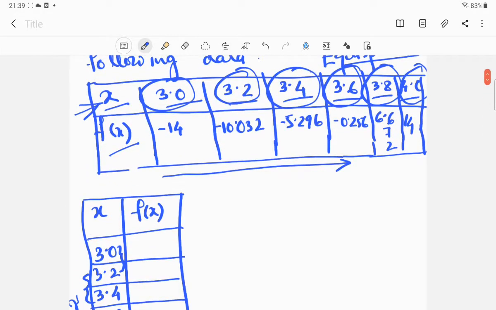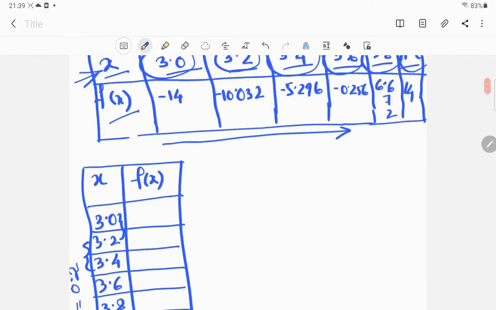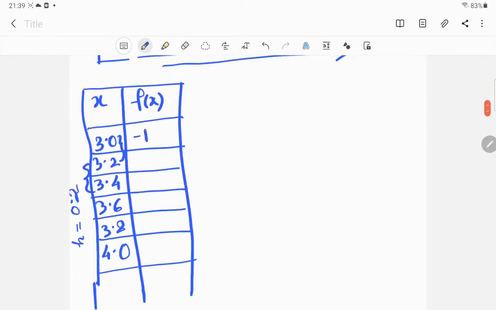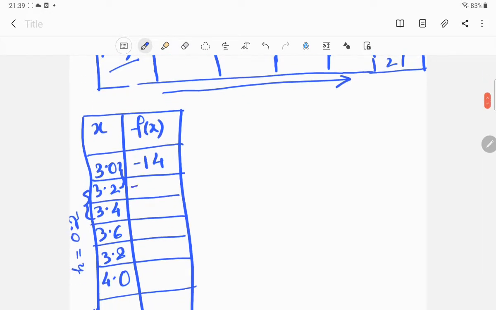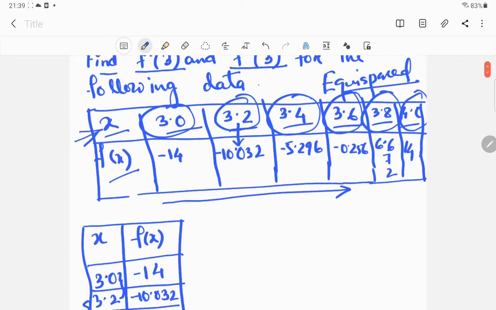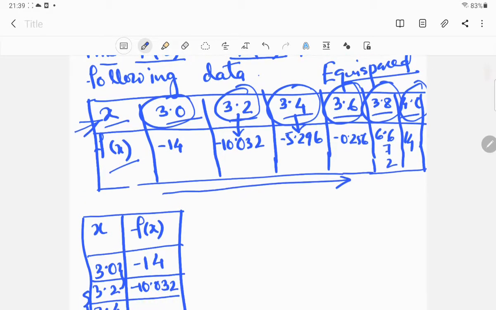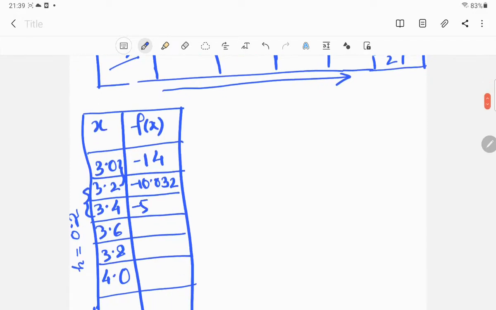As you remember, 3.0 means minus 14. 3.2 means minus 10.032. Then 3.4 means minus 5.296.